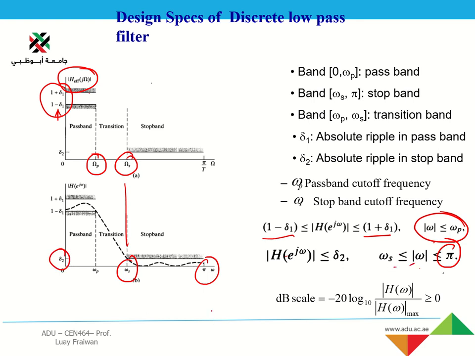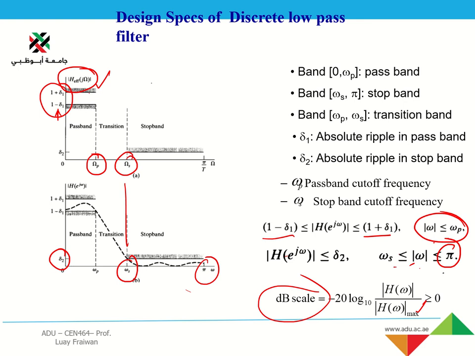For the dB scale, we take the actual transfer function value normalized with respect to the maximum value, and that is just the dB scale plotting. So these are the design specs and design equation for the low pass filter.